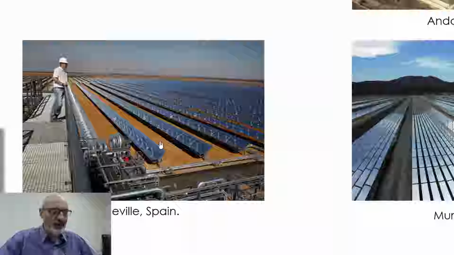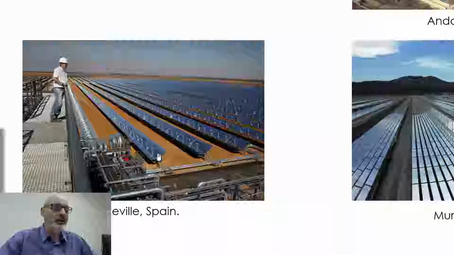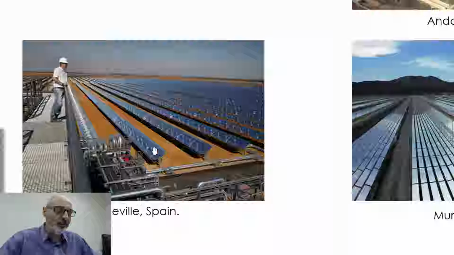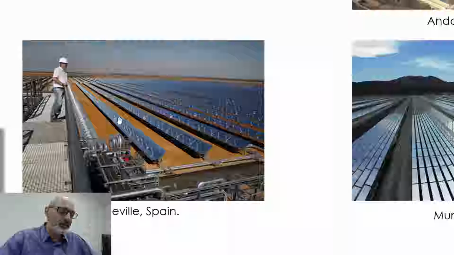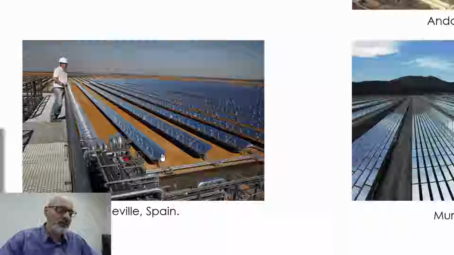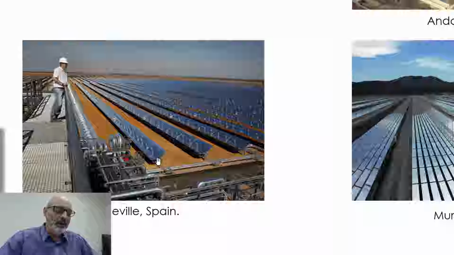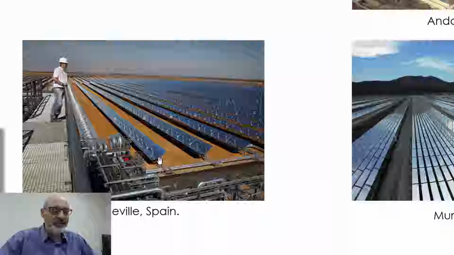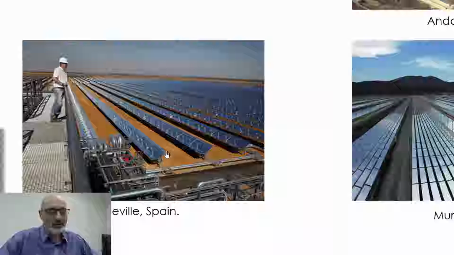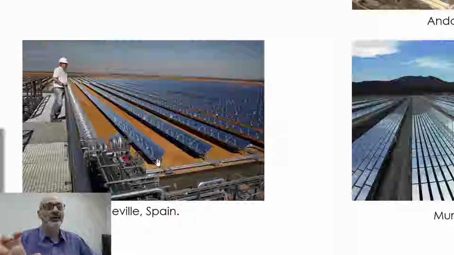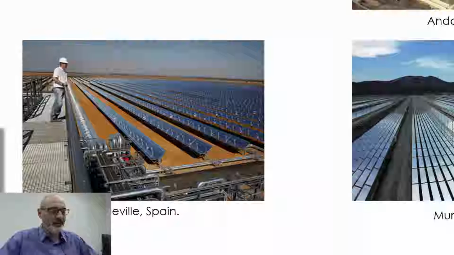You have only one parabolic mirror here, and the focal point of this parabolic mirror is also a line. The collector tube is running along this line here, and you have a motor or a mechanical system that is able to turn this mirror in order to follow the movement of the sun.